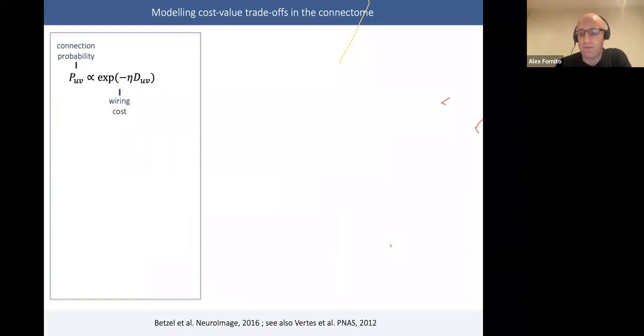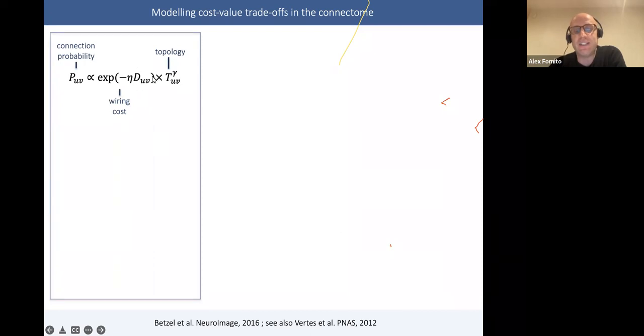In work that was first developed by Petra Vértes and Ed Bullmore, and then later extended by Richard Betzel, they included another term here, this T_uv, which is a topological term designed to capture some aspect of the functional value of a connection.